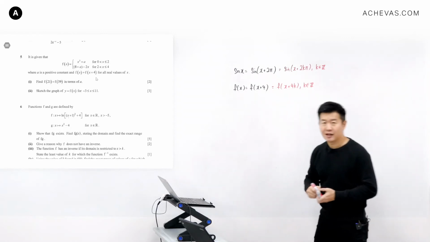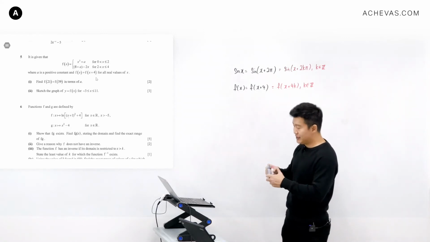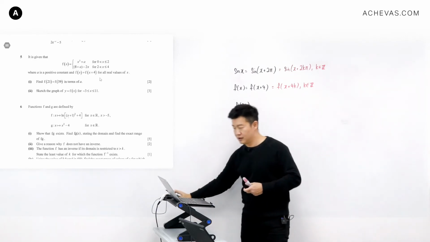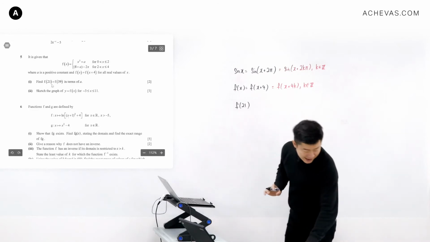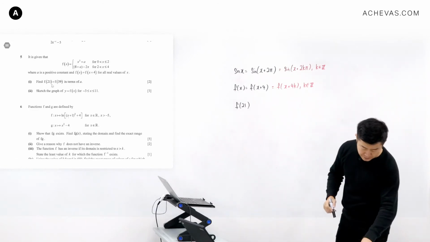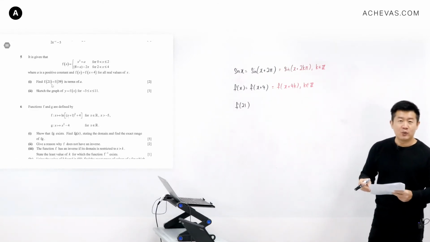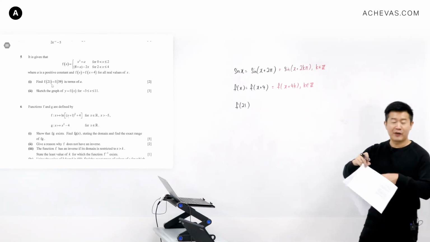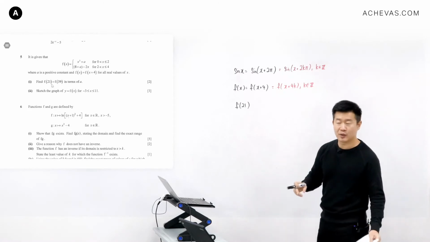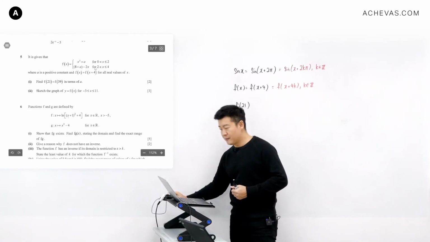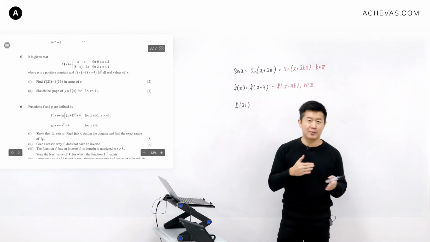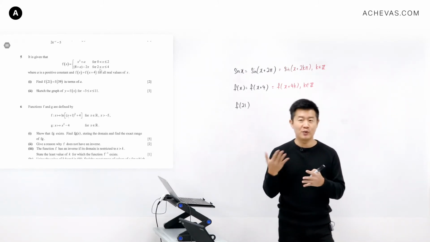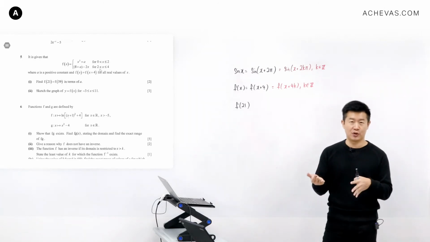Which means, what is f of 21? Am I able to find the value? I need my function in order to find the value of f of 21, right? My function here only receives things that are between 0 to 4, or at least what is given to me only covers anything between 0 to 4.